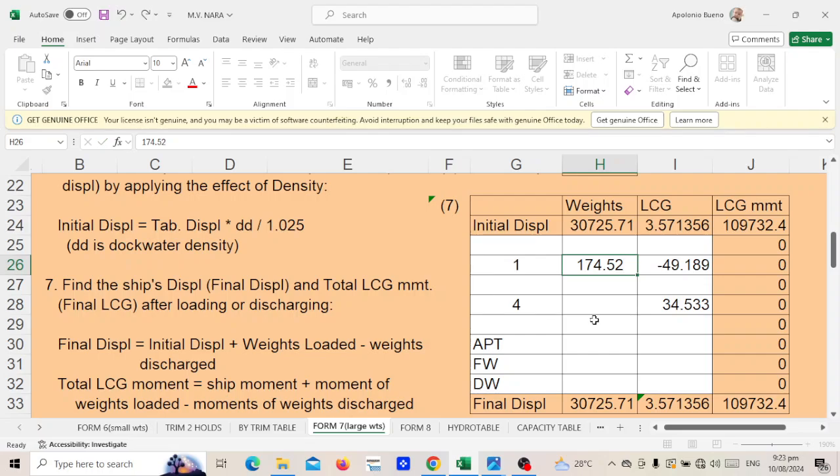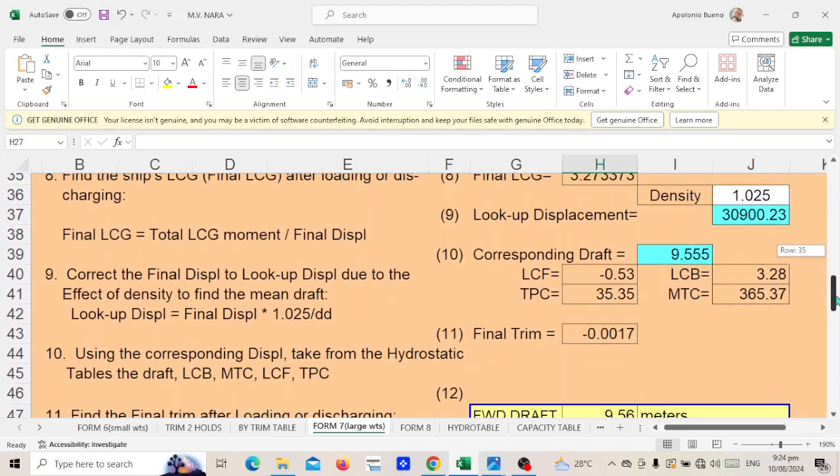Okay, and what does it say when you load weight? That is positive. When you discharge weight, it is negative. Here, because we load weight in hold number 1, it is positive. So what happens now when we load 174.52 metric tons in hold number 1, and what will be the result of our draft?